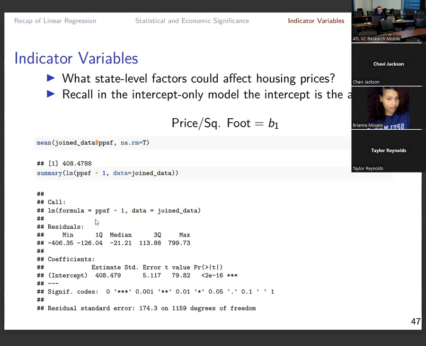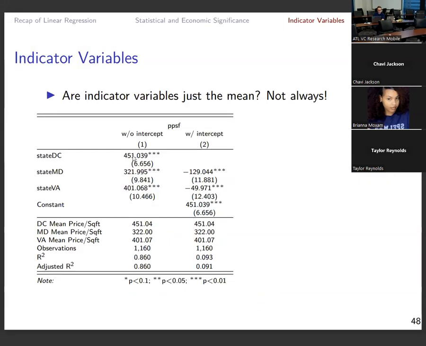I'm regressing price per square feet on the dummy variables, and I don't include a constant, I don't include an intercept. And here I do include an intercept. And so the constant is $451 per square feet. And notice that the average price per square feet in DC is the same.